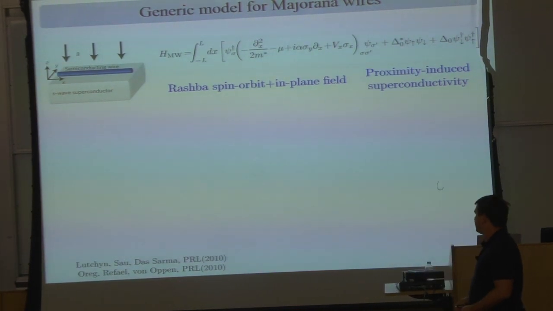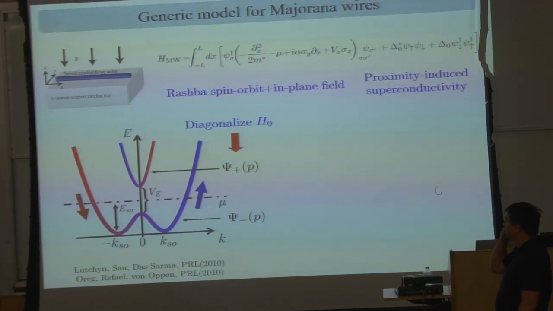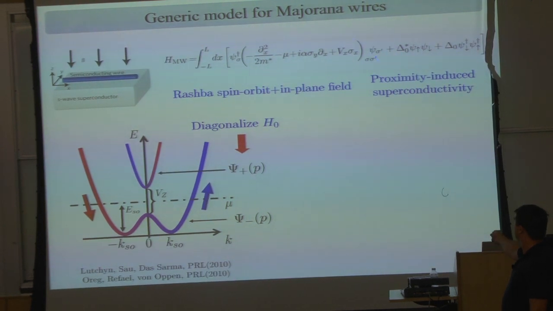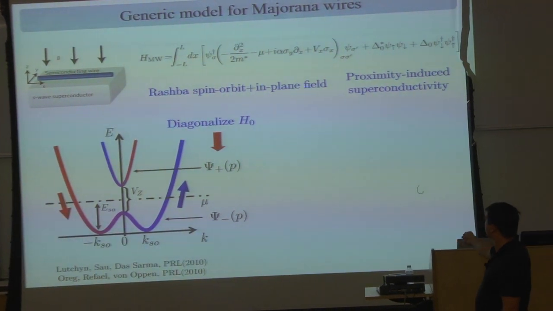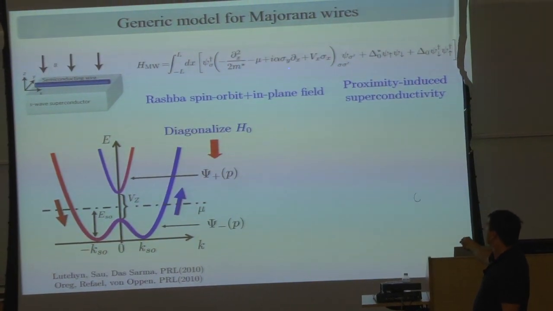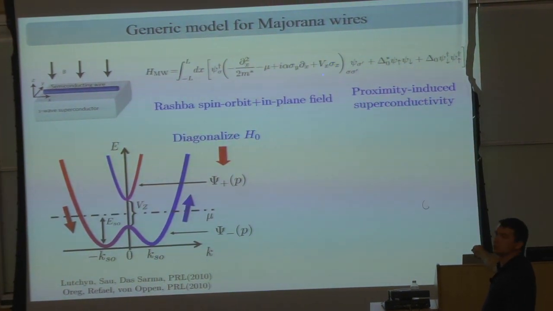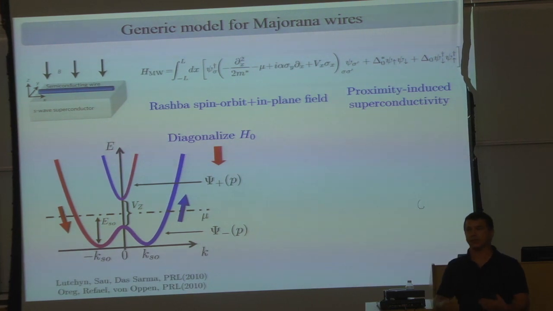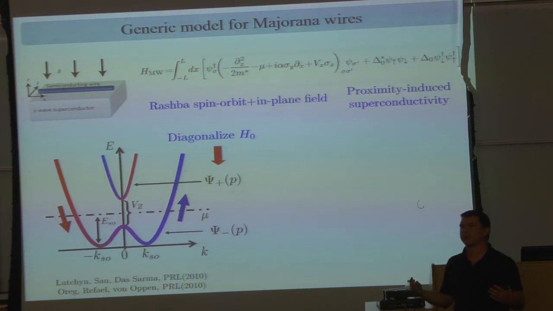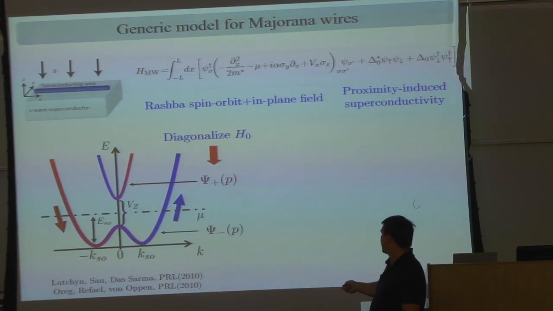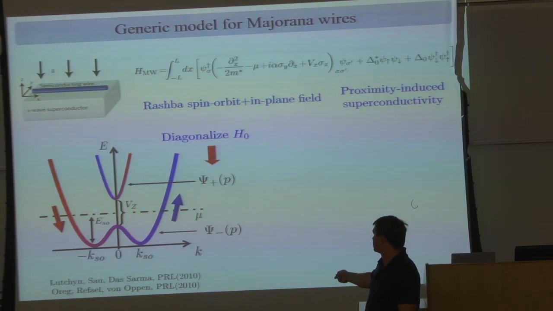To see that, we can just look at the semiconductor part and try to diagonalize it. In order to diagonalize this part, one can notice that spin-orbit coupling does not commute with the Zeeman term. That means that in this shifted parabolas picture, we will have a gap at zero momentum, which is shown here.